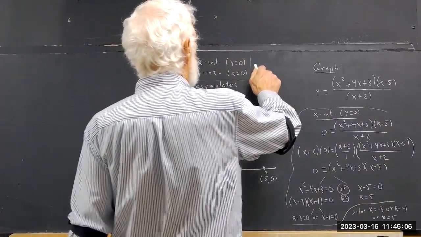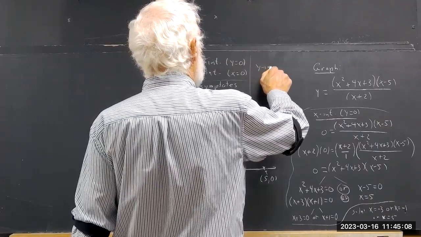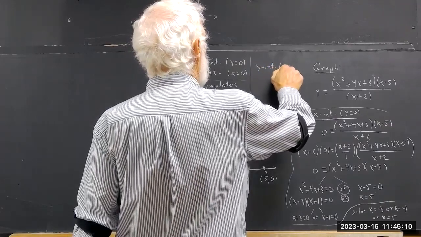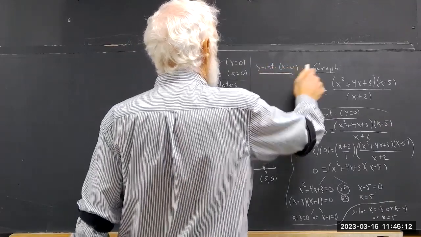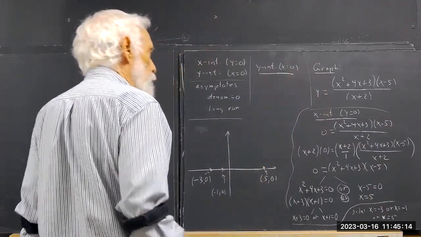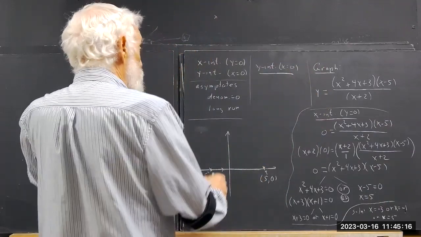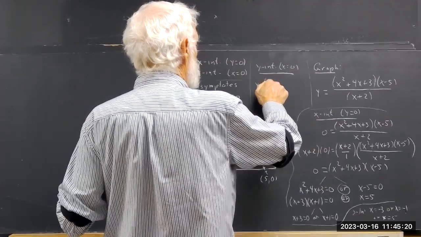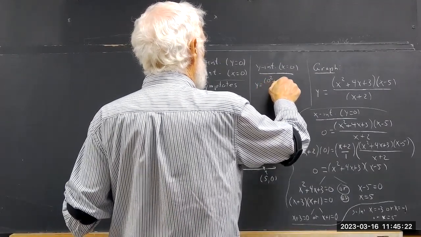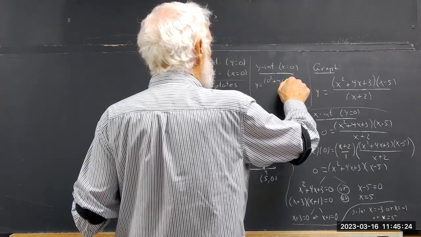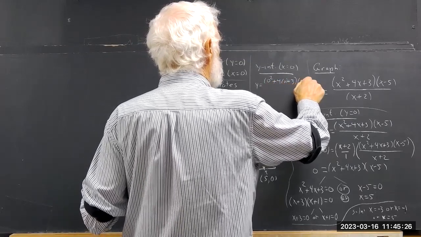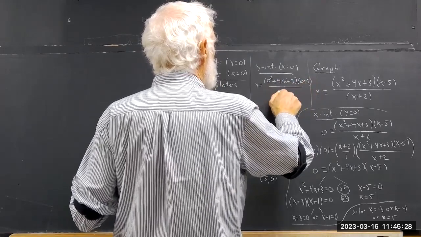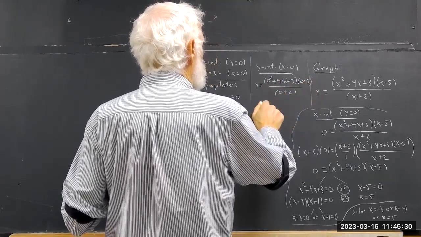Okay, well, let's go up to the y-intercept. x equals 0. That's our heading with what we're going to do here, and this is quick. So x equals 0, so y equals 0 squared plus 4 times 0 plus 3 times 0 minus 5 over 0 plus 2.